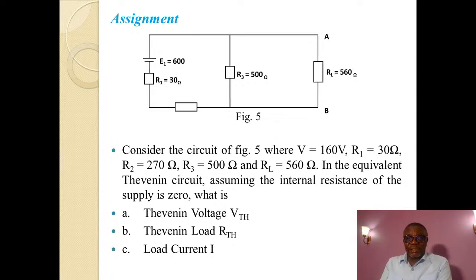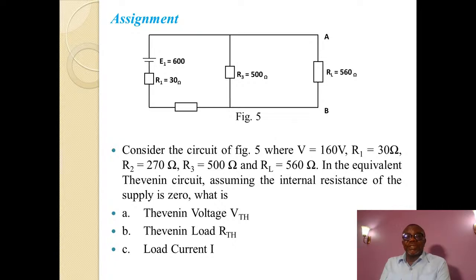Consider the circuit of Fig 5, where V is equal to 160 volts, R1 is 30 ohms, R2 is 270 ohms, R3 is equal to 500 ohms, and the load resistance is equal to 560 ohms.